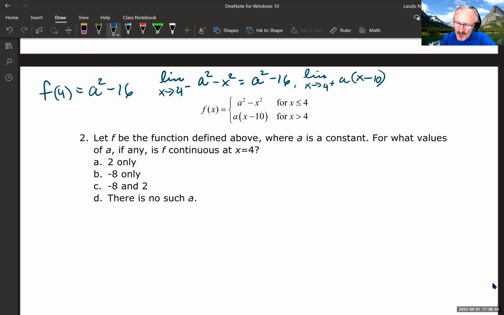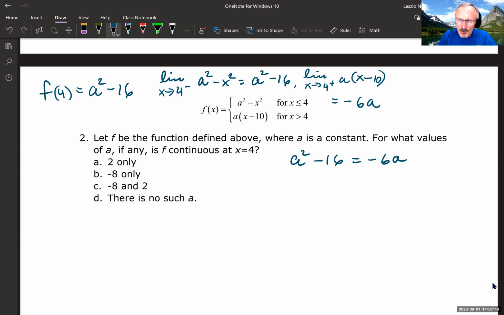And what is this limit here? The right-hand limit is, let's see, negative 6a. Okay, so that gives you the equation a squared minus 16 is equal to negative 6a. Again, we're applying the limit definition, the definition of continuity at a point.